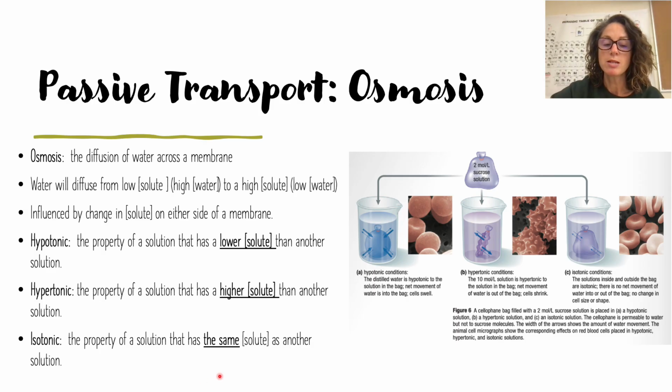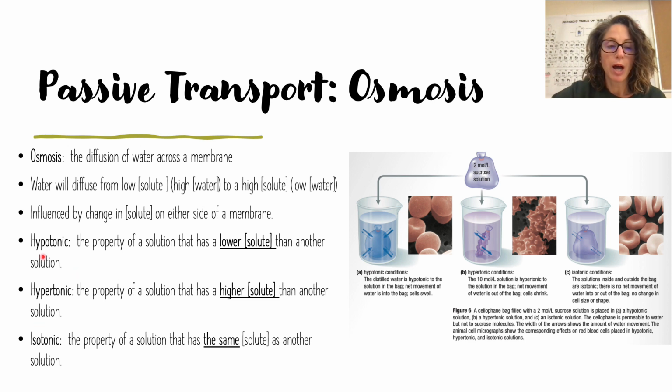So with osmosis, it's the movement of water across the membrane. And it's very important in the medical field, and we're going to look at some examples tomorrow in a case study in class. So there are 3 types of solutions, and they're always compared to another solution.